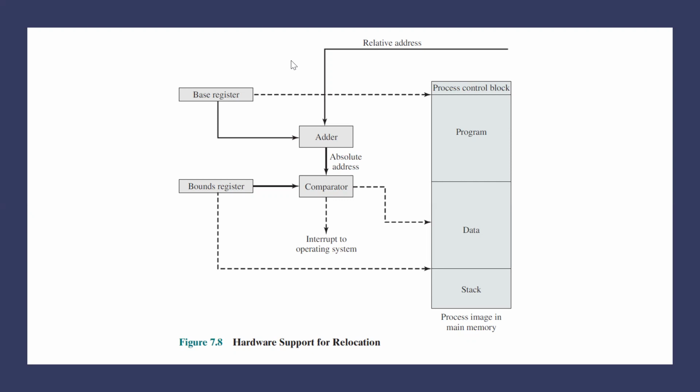Otherwise, an interrupt is generated to the operating system, which must respond to the error in some fashion. The scheme of this figure allows programs to be swapped in and out of memory during the course of execution. It also provides a measure of protection. Each process image is isolated by the contents of the base and bounds registers and safe from unwanted access by other processes.